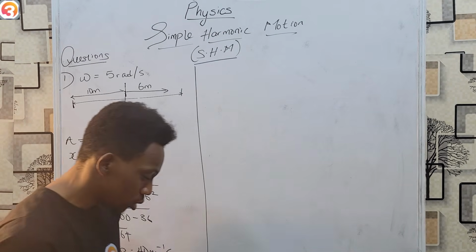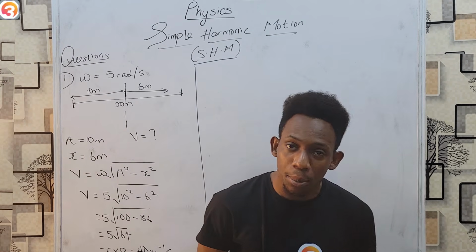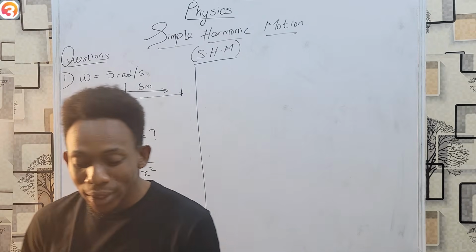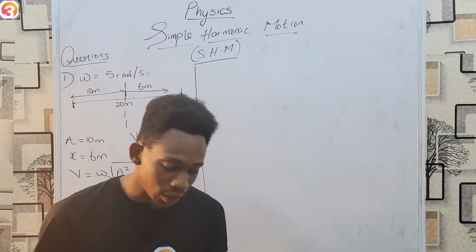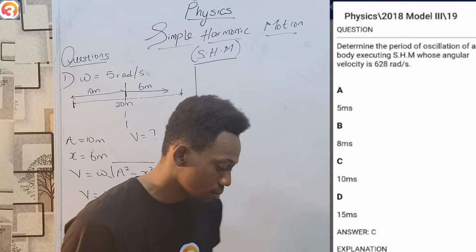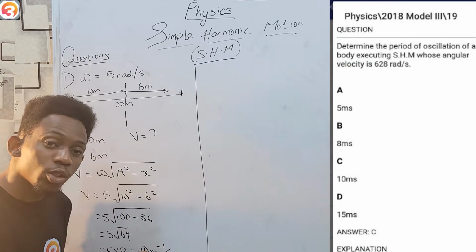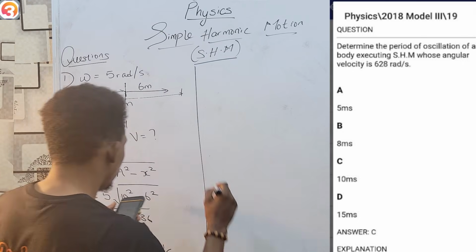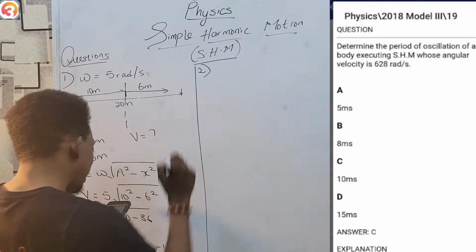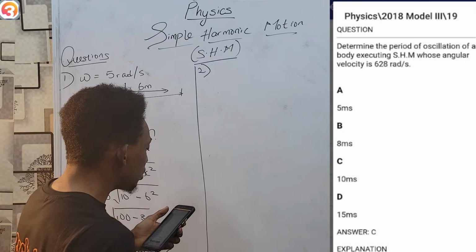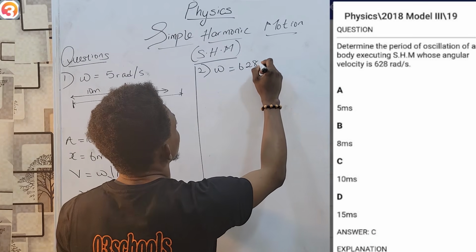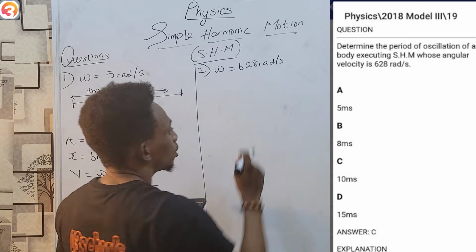For our next question, still on our O3 Schools JAMB app, we're now looking at a question from the year 2018, Model 3, question 19. In this case, we have been told, determine the period of oscillation of a body executing SHM whose angular velocity is 628 radians per second.